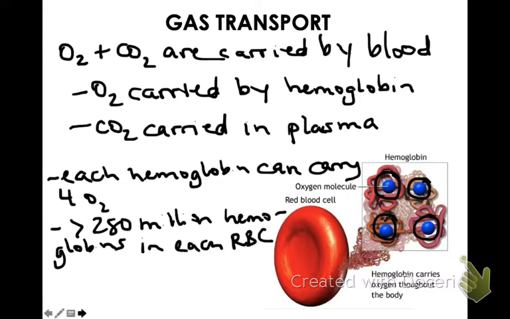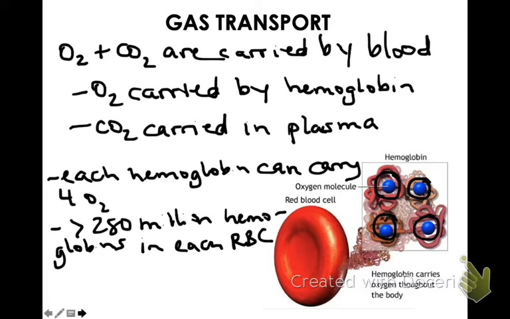So if you add all the red blood cells that we have, I think it's something like 20 trillion. 20 trillion red blood cells times 280 million hemoglobins times 4 oxygens each. It's going to be quadrillions and quadrillions and quadrillions of oxygens that could be carried. But remember, oxygen is super important. Oxygen is what gives us energy. So we need a lot of oxygen to keep ourselves alive.